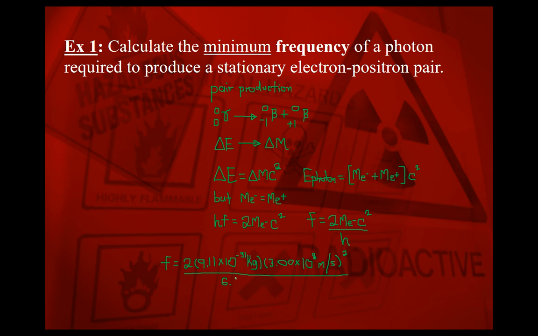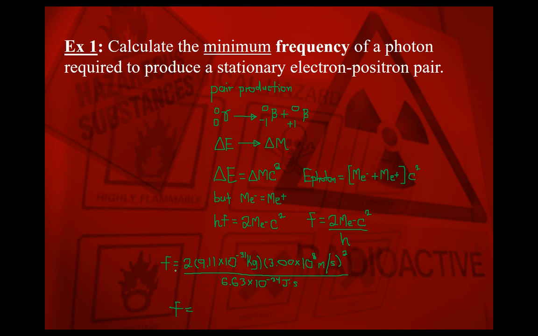Okay, 6.63 times 10 to the negative 34 joules times seconds. And this is going to give me a photon frequency that is, let's calculate it, 2 times 9.11 times 10 to the negative 31, times 3 times 10 to the 8, all squared, divided by Planck's constant, 6.63 times 10 to the negative 34.